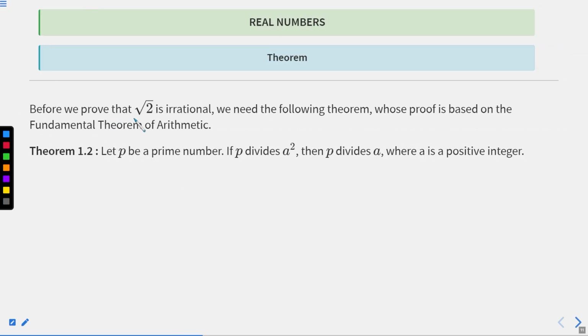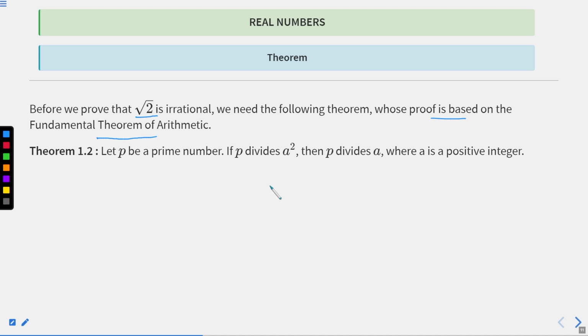Before we prove that root 2 is an irrational number, we need the following theorem, whose proof is based on the fundamental theorem of arithmetic. Students, you have already studied what is stated by the fundamental theorem of arithmetic: every composite number can be written as a product of its prime factors, and this expression is unique.